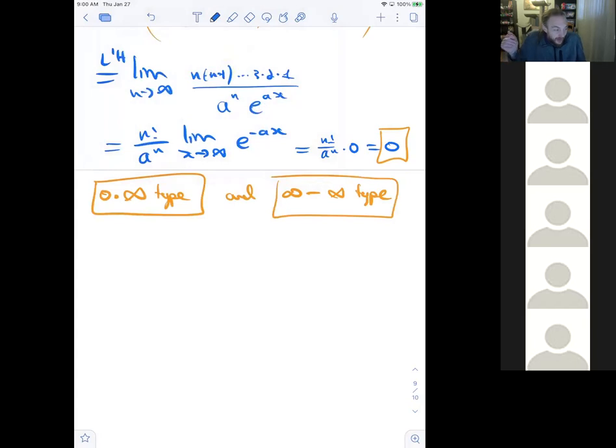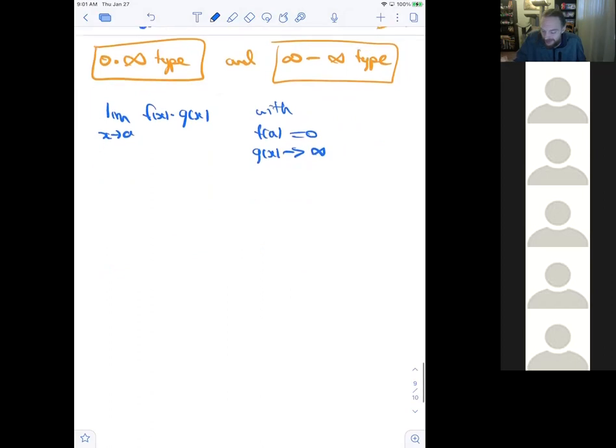So what are these going to say? What we're going to have here is if we have the limit as x approaches a of f of x times g of x, with f of x tending to 0 and g of x tending towards infinity, or vice versa, plus or minus infinity, it doesn't matter which one.